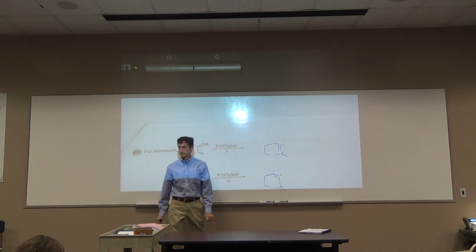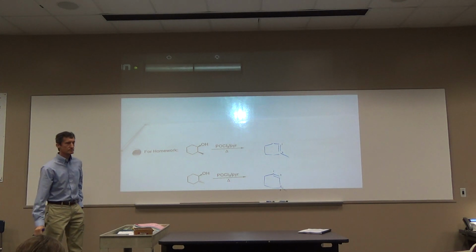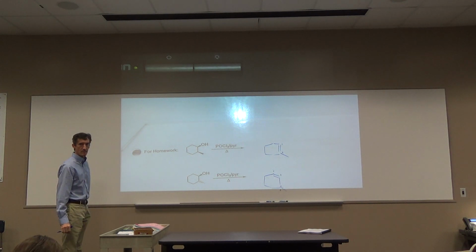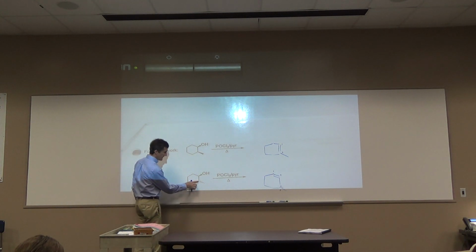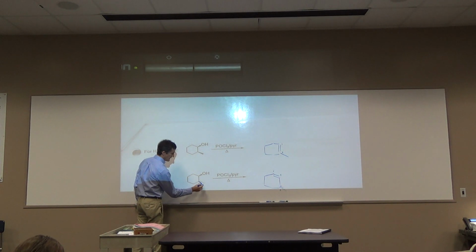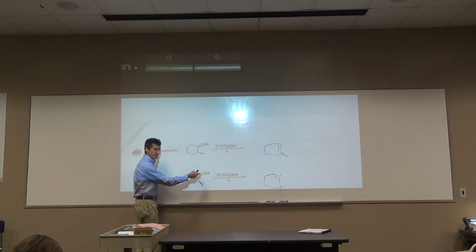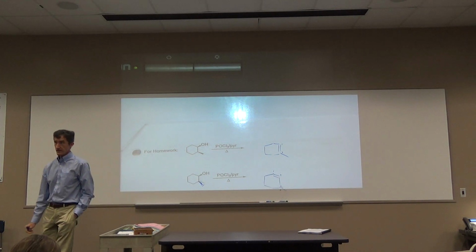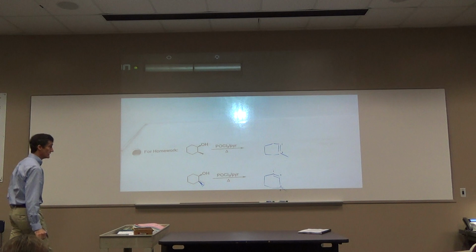Zaitsev products. Why do we get the Hofmann product down here? There's only one beta hydrogen that I can react with, right? This is going to be the eventual leaving group, right? The eventual leaving group and the H are not trans, so they can never be trans-coplanar. Review from Organic 1.